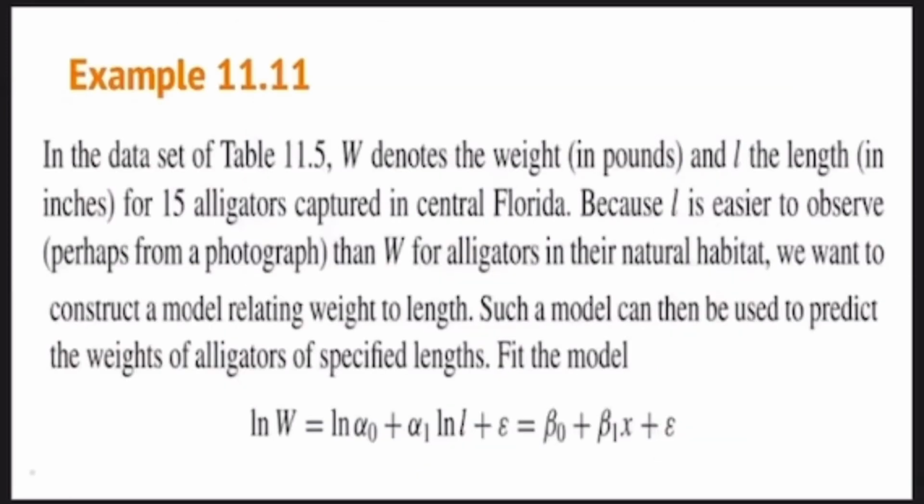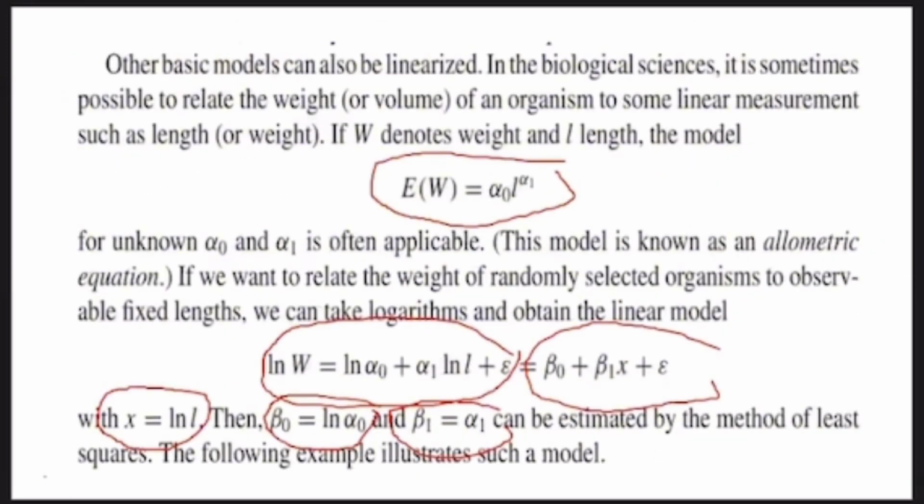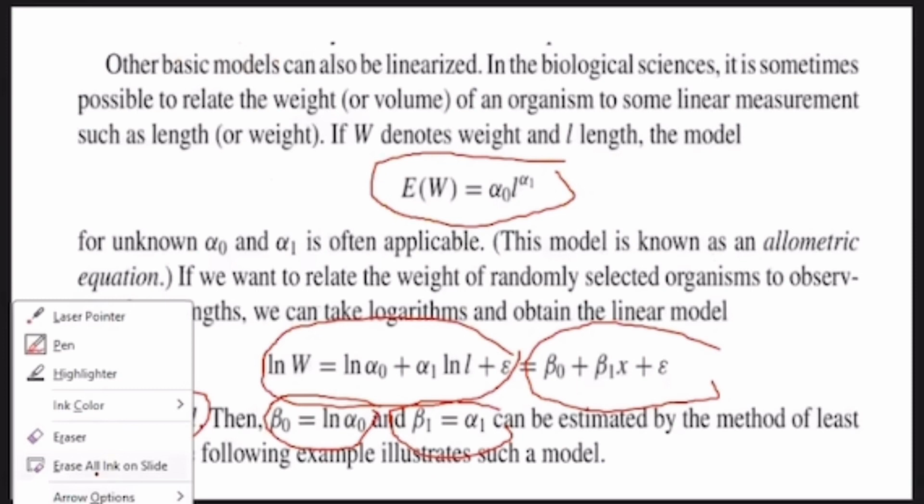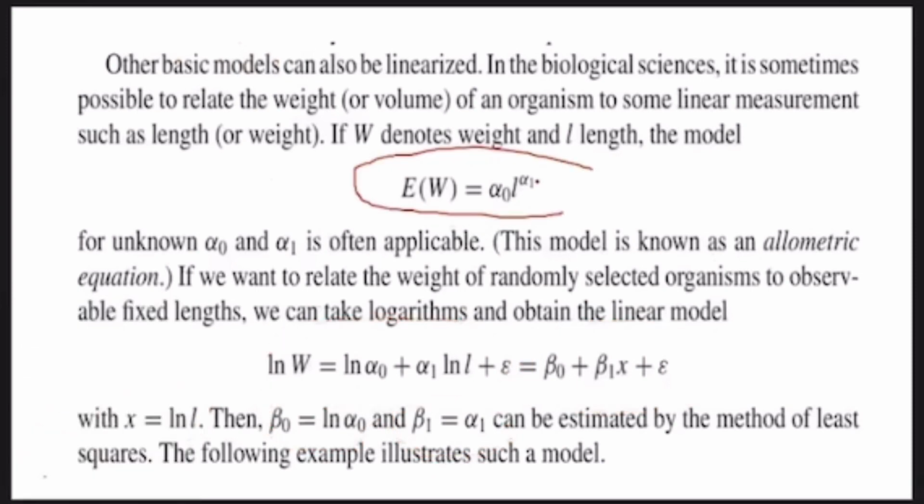Because when I see the specification of the model, and after taking the log of both sides, I arrive at this, and that tells me that in my data, I'm going to take the log of the weight and the log of the length. We don't just do what we do. There's a reason why we do what we do. Does that make sense?